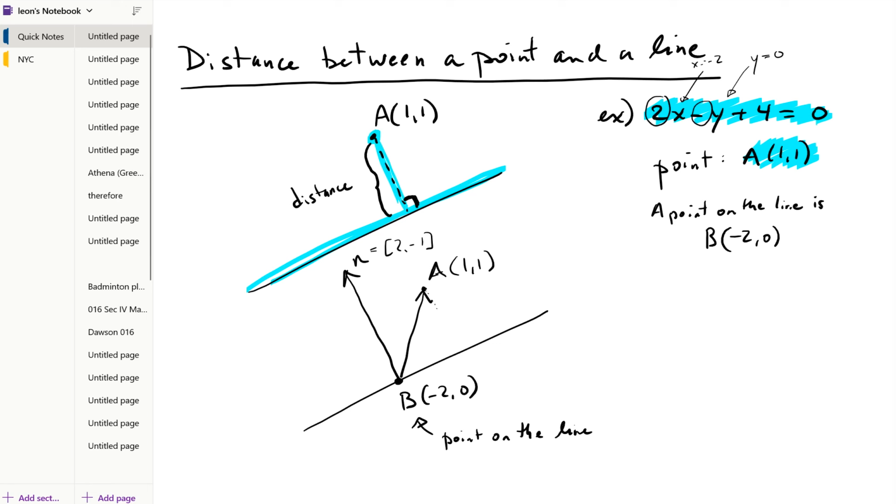And since I want this distance, notice that it corresponds to what we call the projection of the vector BA onto N. So what's the projection? Imagine that there's light coming in here. Okay, this is light.